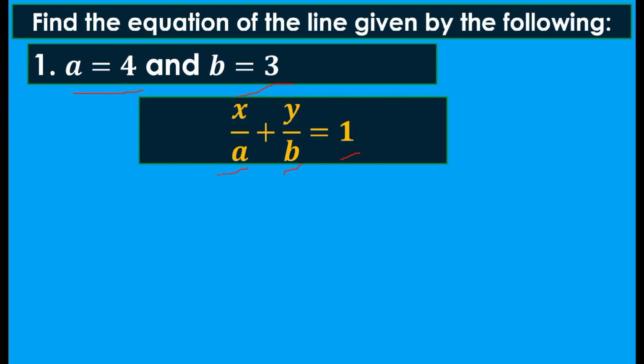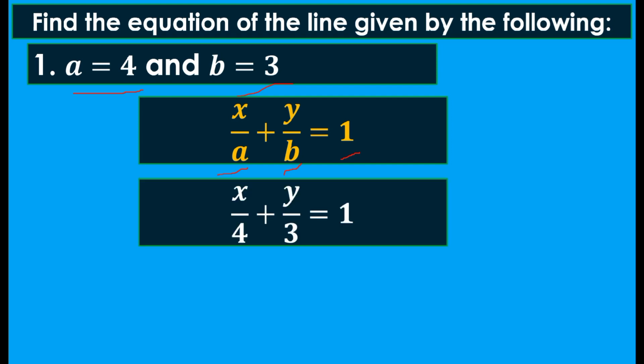So, class, remember, kung ano ang given, mag-stick kayo sa given. Kumbaga, parang sa love life lang yan. You stick to one. So, I mean to say, you stick on that form. Kung ano yung form na binigay ko at kung ano ang given ko, yun ang gagamitin ninyo. Okay? So, magiging x over 4 plus y over 3 is equal to 1.